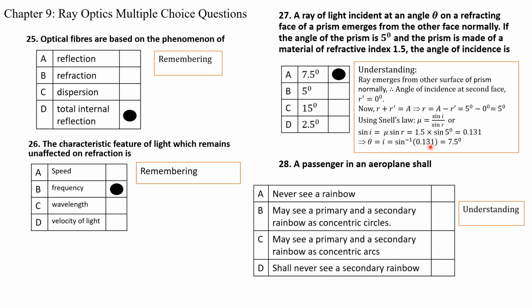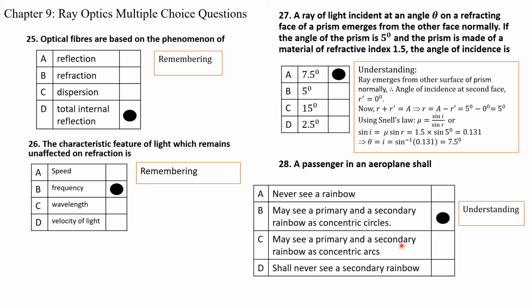Next question. A passenger in an aeroplane shall, four options: option A, never see a rainbow. Option B, may see a primary or a secondary rainbow as concentric circles. Option C, may see a primary or secondary rainbow as concentric arcs and shall never see a secondary rainbow.